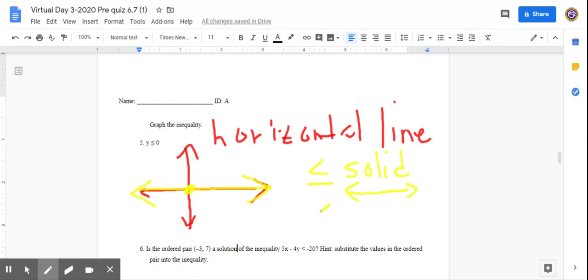Now it says it's less than or equal to. Where does y get smaller? Less than. As it goes down the axis. So now you're going to shade below the axis, below the line. Okay? So you shade below.